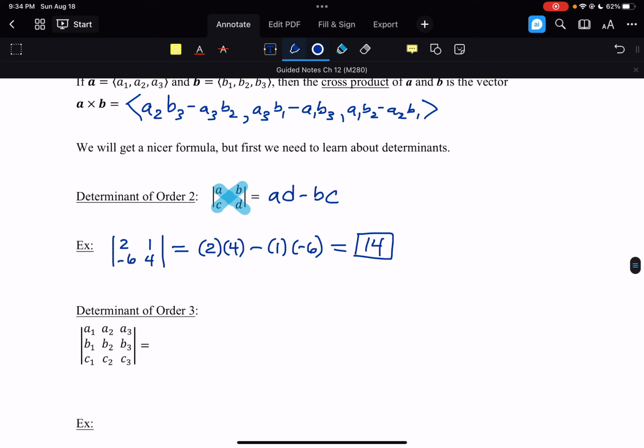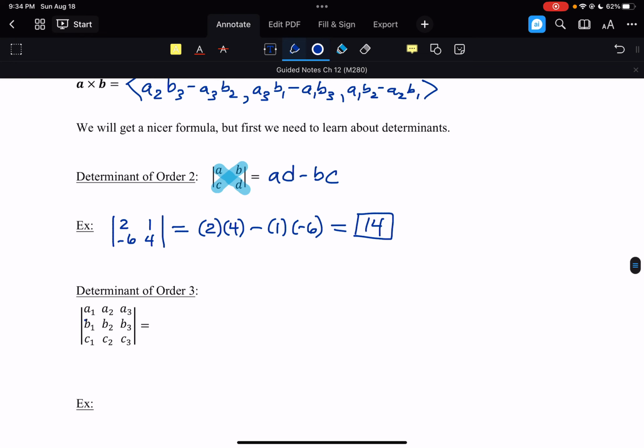The determinant of order 3, so if we have a 3x3 grid here, with A1, A2, A3, the B's and the C's, the way that we compute this determinant is a little bit trickier. We're going to take the first row and use those components. We're going to start with A1.